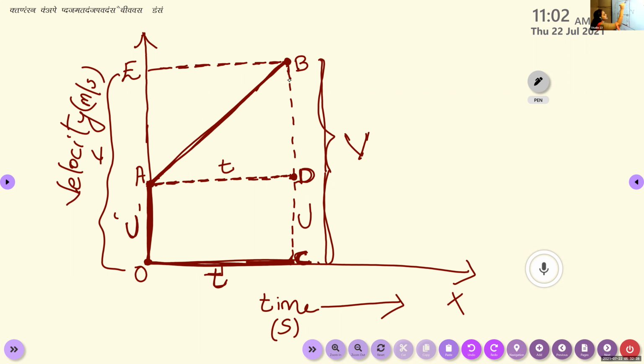If it is a straight line, we need to consider the slope. So here we have BC and OC. We are going to consider this straight line, the slope of the straight line. So what will be the slope of the straight line AB?